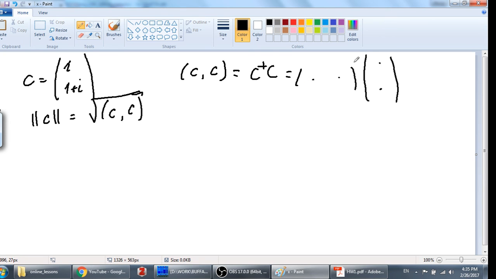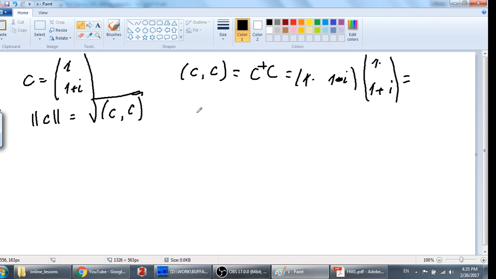Now the numbers: C is just the original numbers, 1 and 1 plus I. Here we need also to complex conjugate. 1 is real, nothing changes, but here we have 1 and I, and we need to change the plus sign to minus sign.